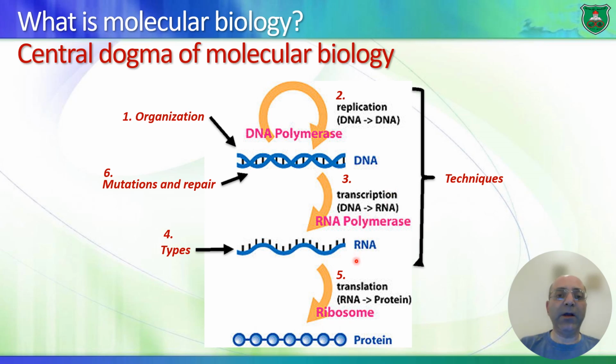And then RNA can be used to make proteins by a process known as translation. This is known as the central dogma of molecular biology. That is, DNA makes DNA, DNA makes RNA, RNA makes protein.